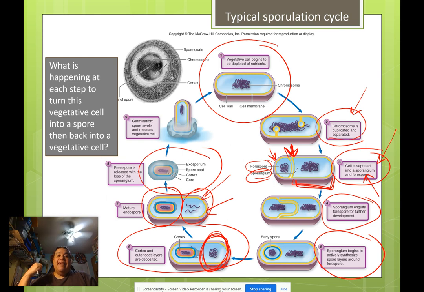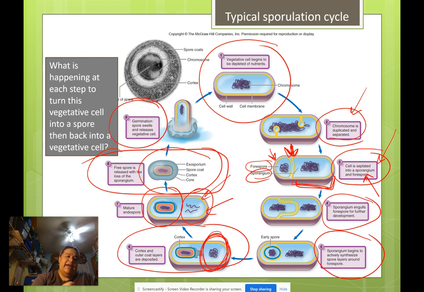If I don't hit a favorable environment, I stay at step 8. I just stay in hibernation and I don't do anything. But if I hit a favorable environment, I will go through the ninth step, germination. The spore will start to swell and it'll release that hibernating vegetative cell, and then we've got a cell that can go on and infect.